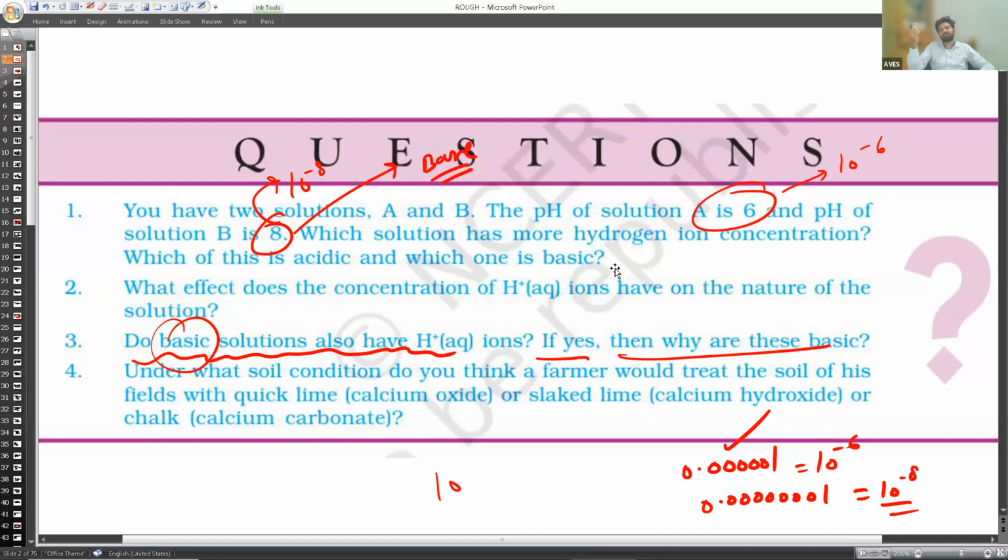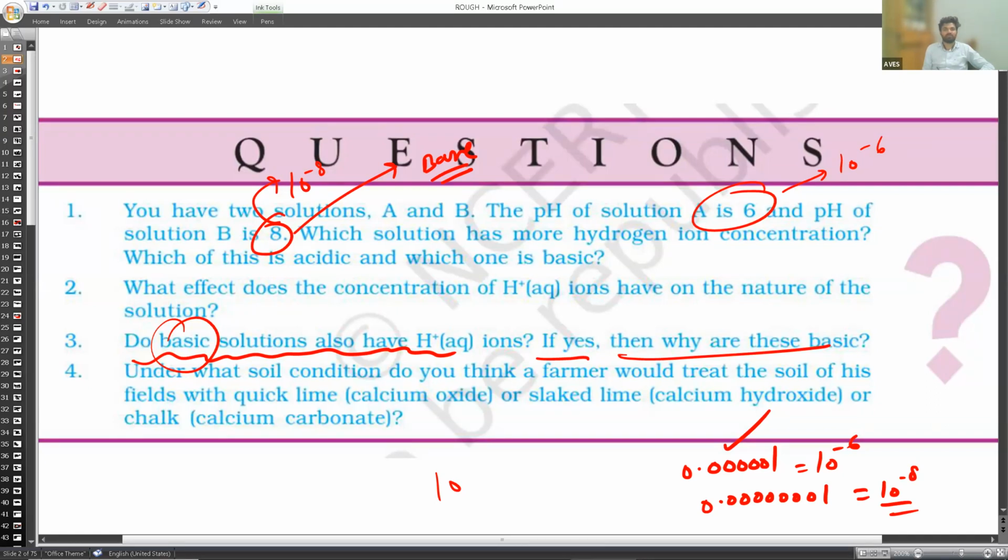Simple, if there are more H plus ions, then the solution will be more acidic. Would you be able to write the answer for question number 2? Yes, sir. It is very simple: the more the H plus ions, the more acidic the solution. Okay.